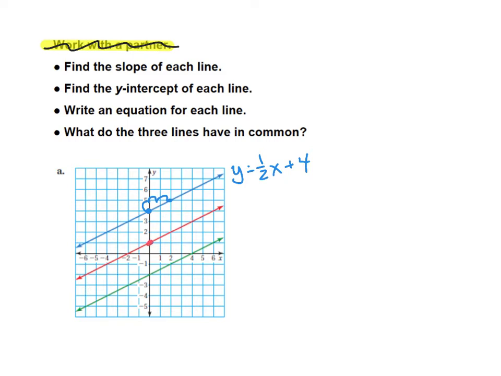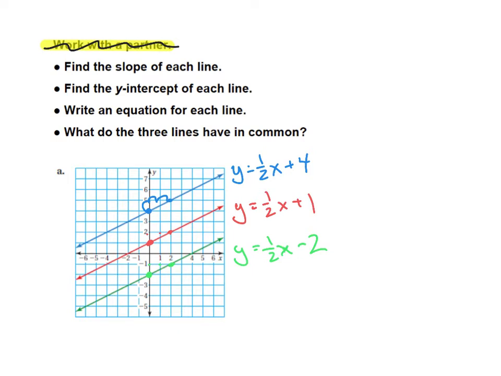Again, here's my y-intercept. There's a point, 1, 1, 2. So y equals 1/2 x plus 1. And finally, the green line. Here's my y-intercept. Here's a point, 1, 1, 2. Y equals 1/2 x minus 2, because my y-intercept is a -2.